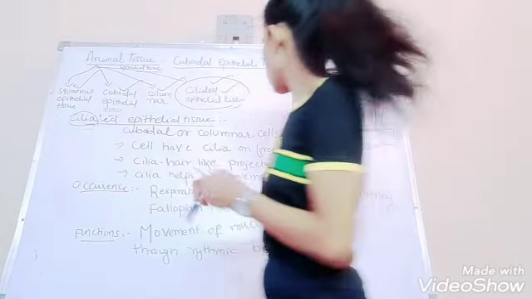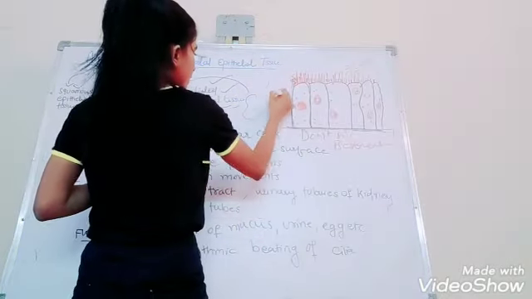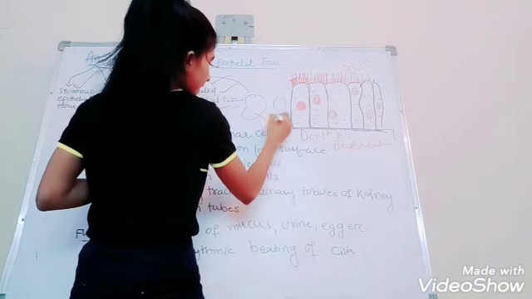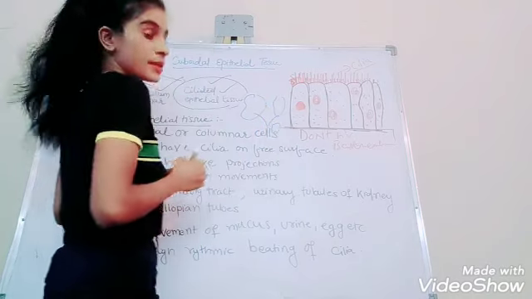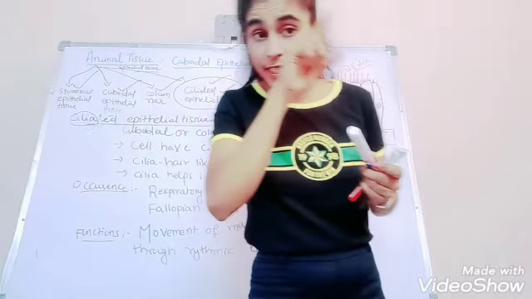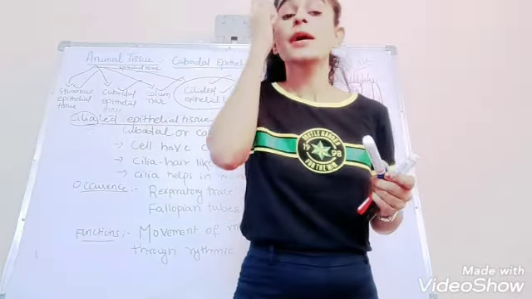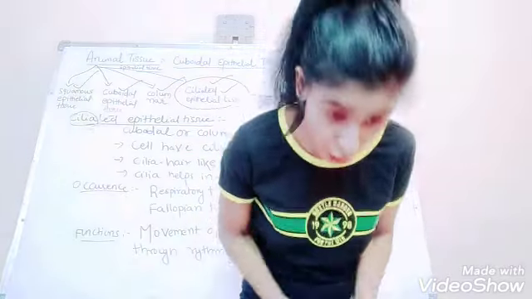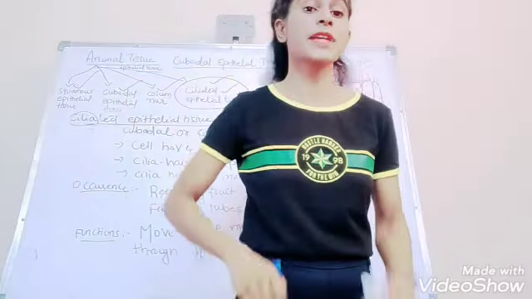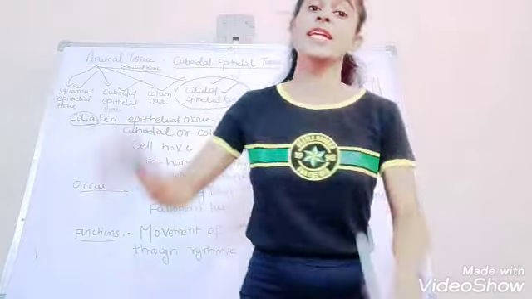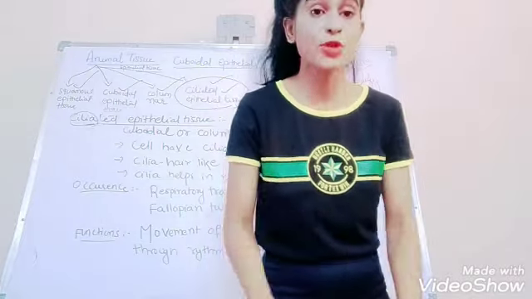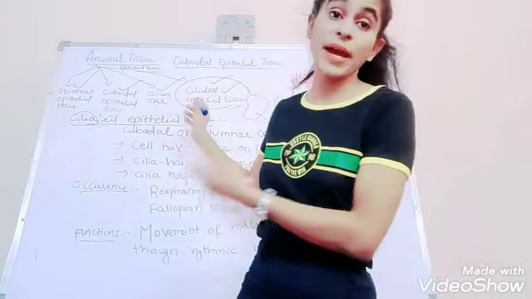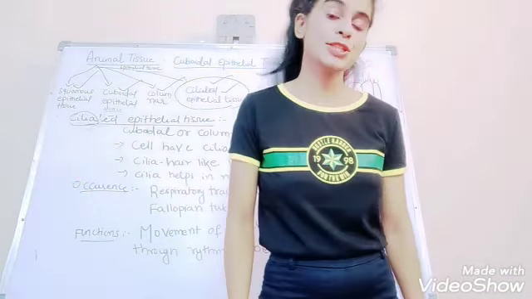Suppose there are two ovaries. An egg is produced, and the egg needs to reach the uterus. That tube which joins the ovary and the uterus is called the fallopian tubule, and the movement of the egg from the ovary to the uterus in the tubule is done by ciliated epithelial tissue.